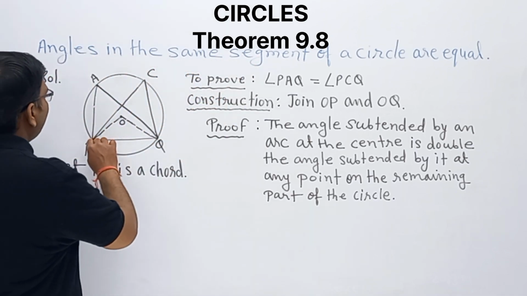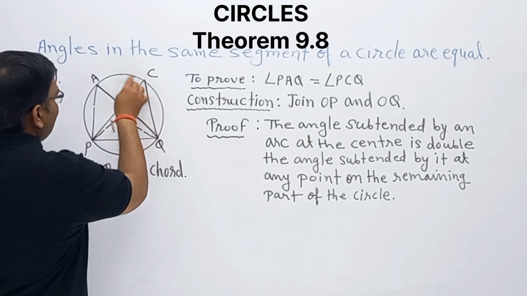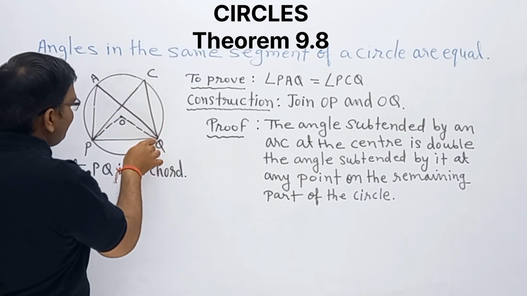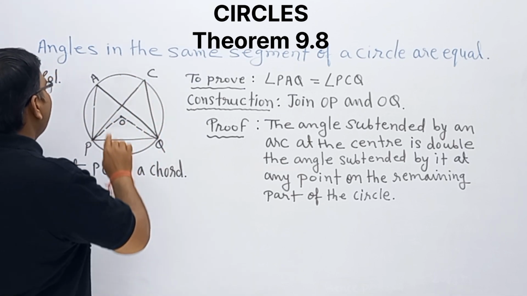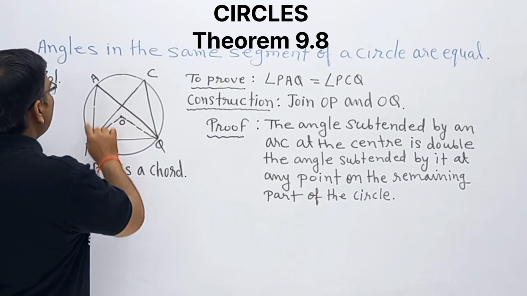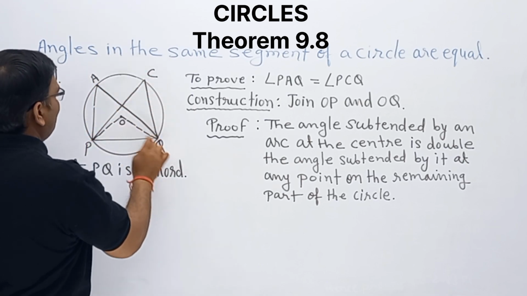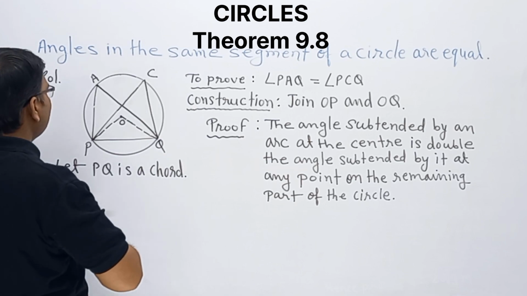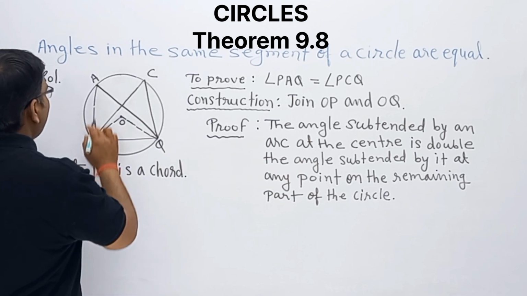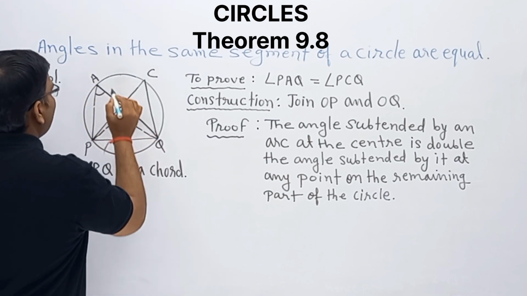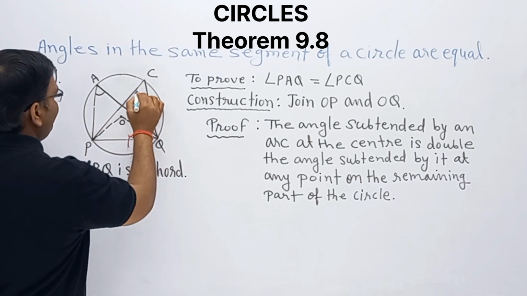So, angles in the same segment. Once we talk about the major arc, in the major segment we are getting one angle, PAQ, and another one, PCQ.